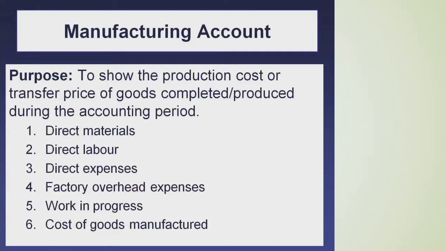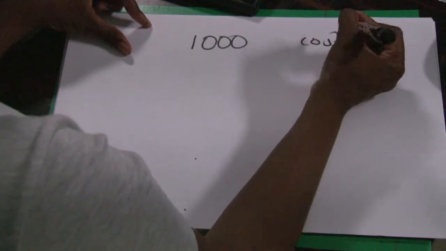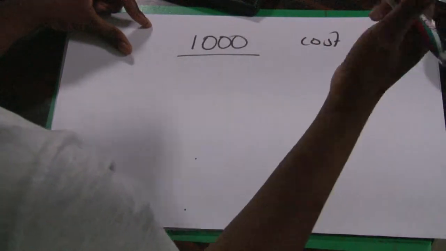Any business that produces goods should determine the cost of producing those goods, because it will help them to determine the selling price. For example, I'm producing these markers, okay? For me to produce 1,000 markers, I spend 1,000 Namibian dollars. Therefore, to determine the selling price, I say 1,000 Namibian dollars was the cost of producing the markers, divided by how many markers did I produce?